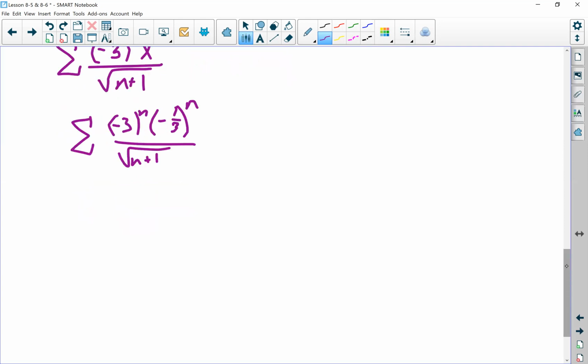Because I have the same exponent, I can multiply my bases. So negative 3 to the n times negative 1/3 to the n is the same as positive 1 to the n.